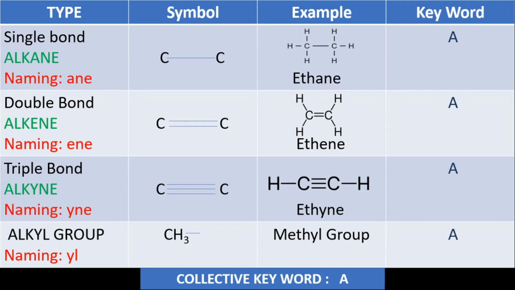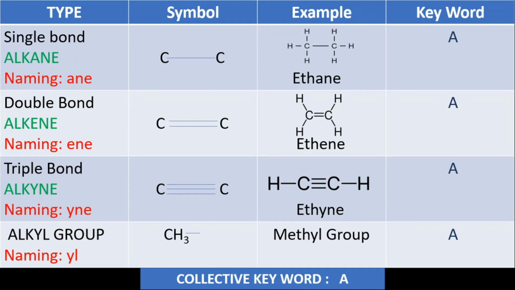The last function group starting from the letter A is the alkyl group. An alkyl group is very different from the other three, because an alkyl group is normally unstable, while alkane, alkene and alkyne are relatively stable. An alkyl group is produced when we remove one bond from an alkane.